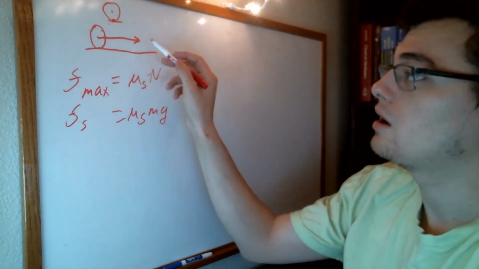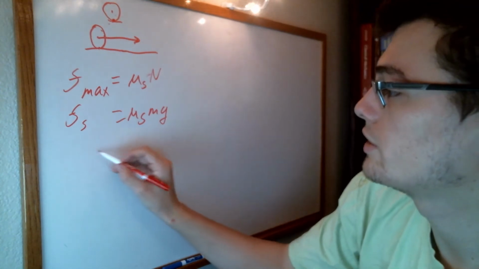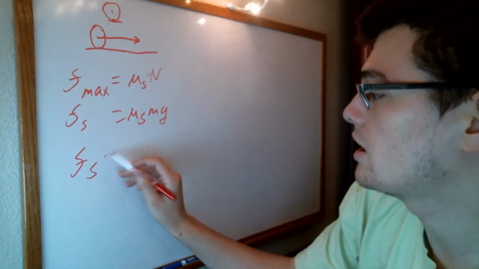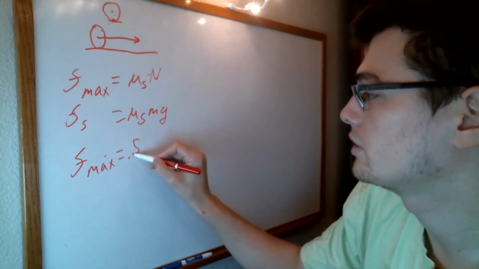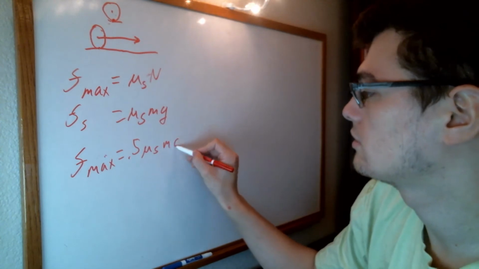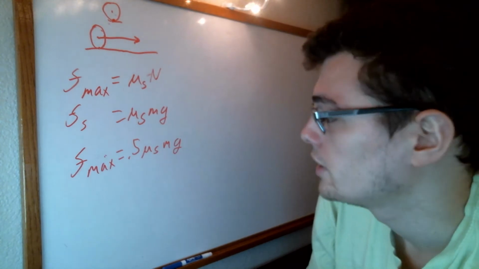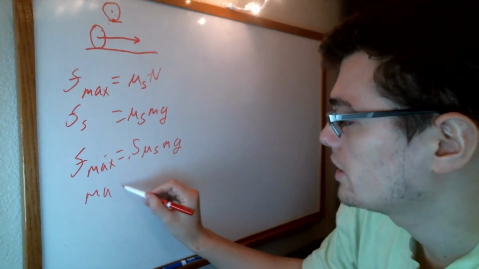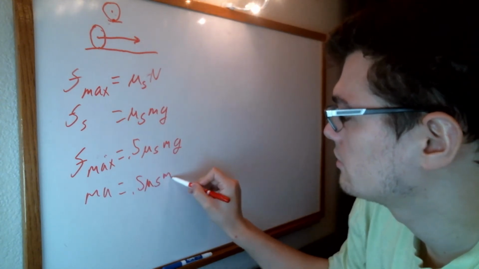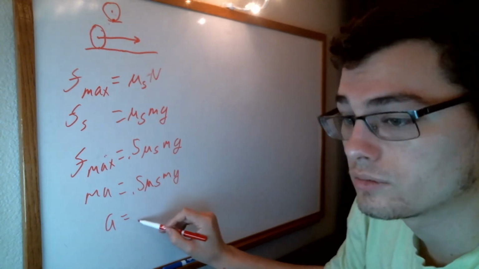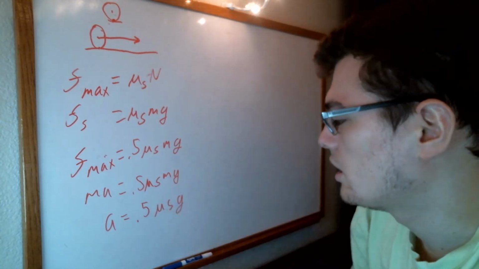In this case, half of the weight was being supported by its drive wheels. And so then we have to add in a 0.5 here, because only half the weight is being supported by the drive wheels. And so then this is equal to ma, and so then a is going to equal 0.5 mu s g.